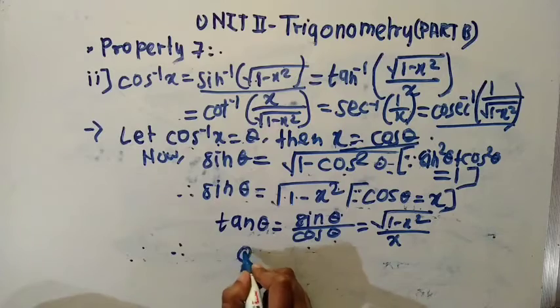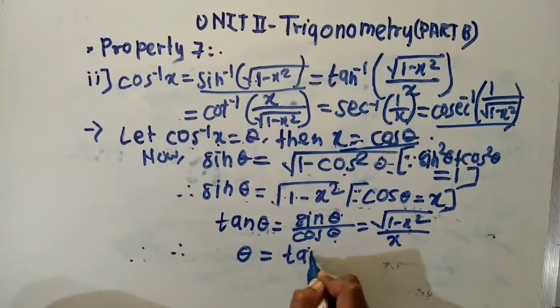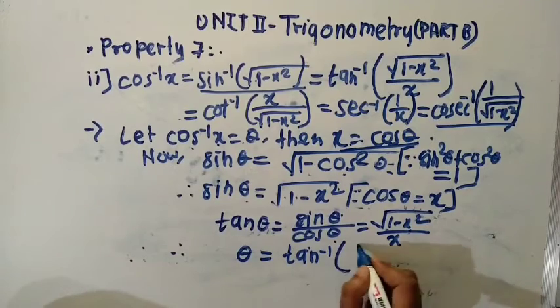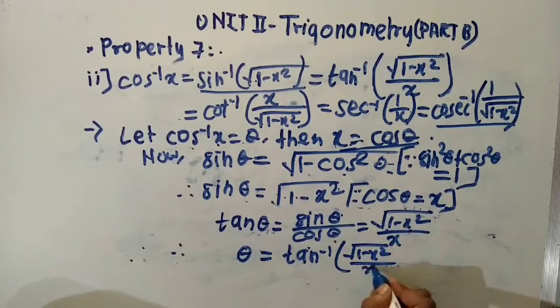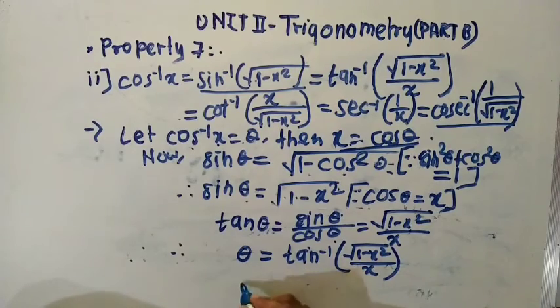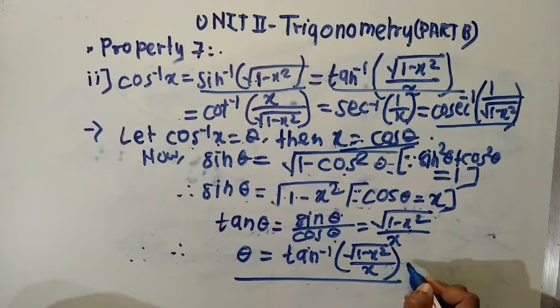Hence theta is equal to tan inverse of root 1 minus x square upon x. Hence this property is proved.